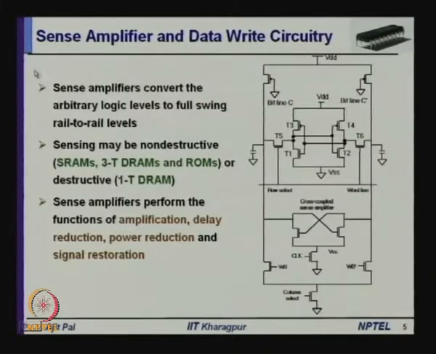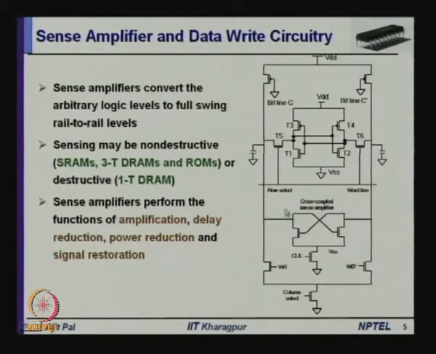Now, let us have a look at how the reading and writing operations take place. Actually, in addition to a cell in which a particular bit is written, you will require additional circuitry, particularly the sense amplifier and read write circuitry.